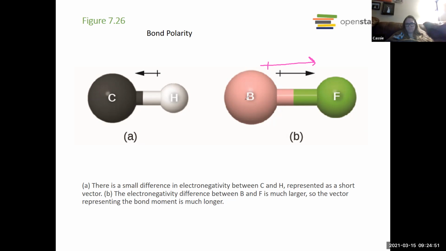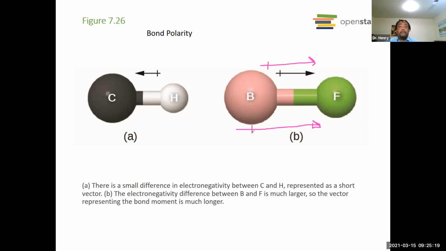So the bond polarity between two atoms is measured by electronegativity, and fluoride is more electronegative than boron. So the electron is going to be spending more time here, so we would shift it in that direction for that particular bond.